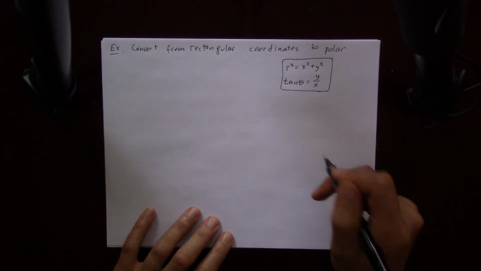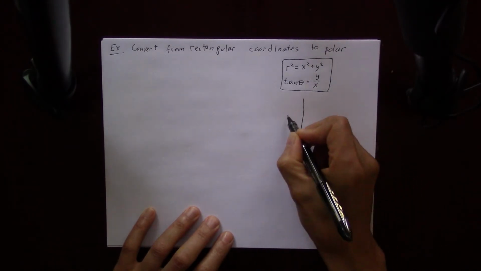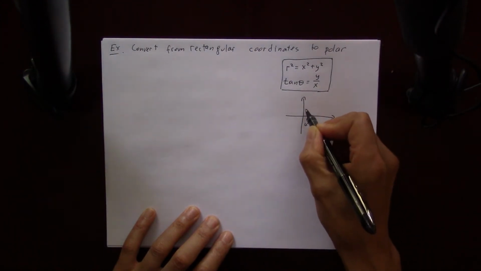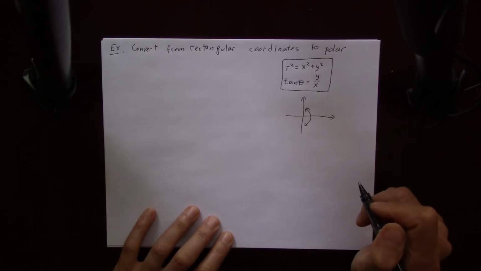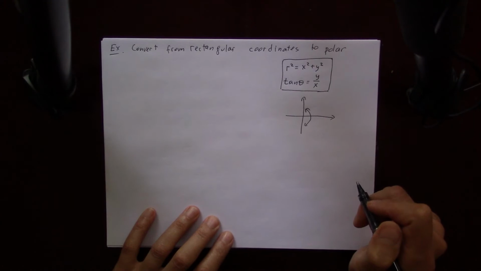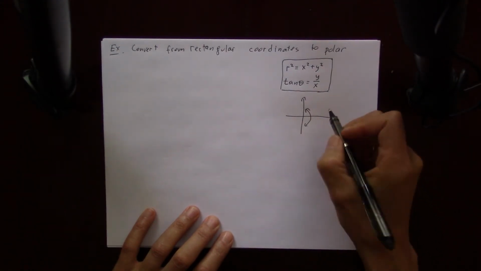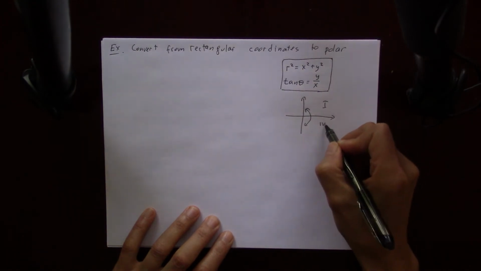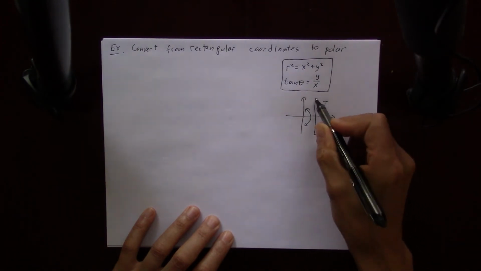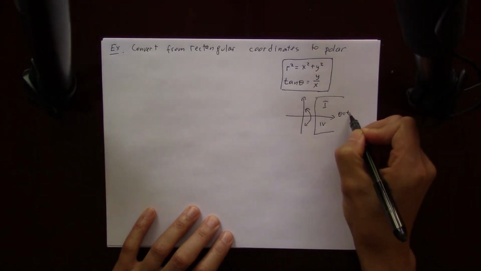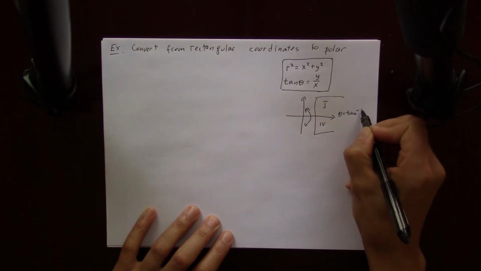The only catch is the range of tangent inverse. The range of tangent inverse is between negative pi over 2 and pi over 2. So if an angle is located in quadrant 1 or 4, then to find theta we're going to do theta equals tangent inverse of y over x.